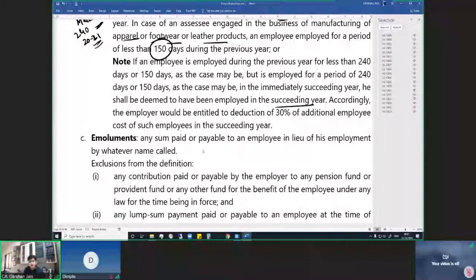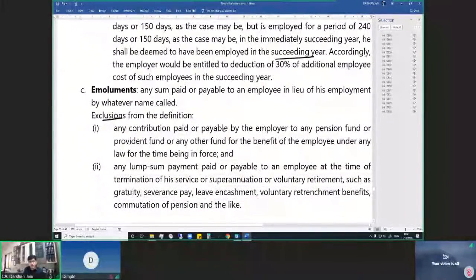Then what is emoluments? Emoluments would mean anything that you pay to the employee in lieu of the employment, by whatever name called. So all the employee costs would be included, excluding the contribution of the employer to a pension fund and the contribution of the employer to a provident fund, right? These fund contributions which the employer makes for the benefit of the employee would be excluded.